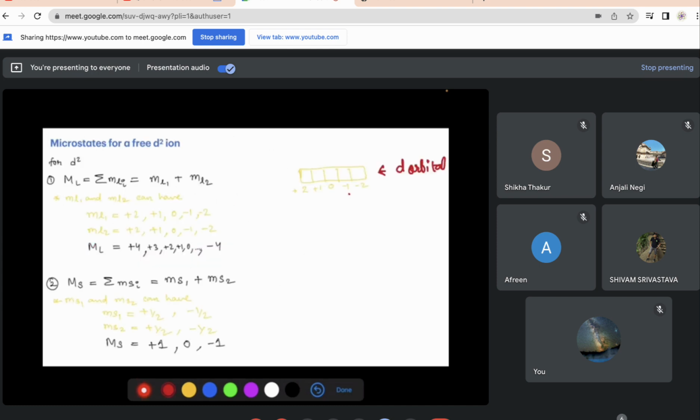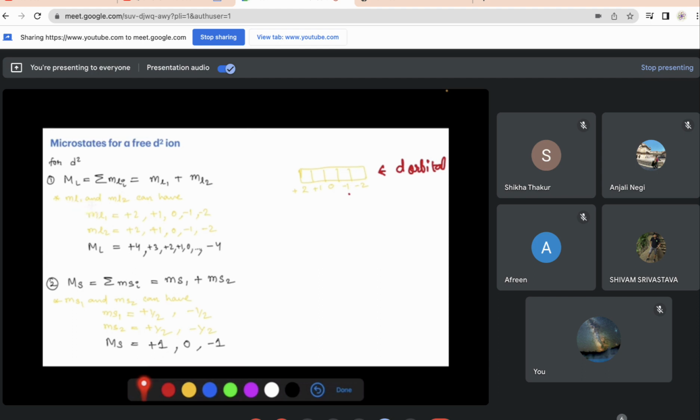Now, to calculate the microstates for a free d2 ion, for d2, this d orbital here, you can see the depiction. We first have to obtain the total angular quantum number and total spin quantum number. So we need to find ML and MS, and then the corresponding quantum numbers, capital L and capital S. Here ML for d2 is simply the summation of ml_i, which is ml1 plus ml2.